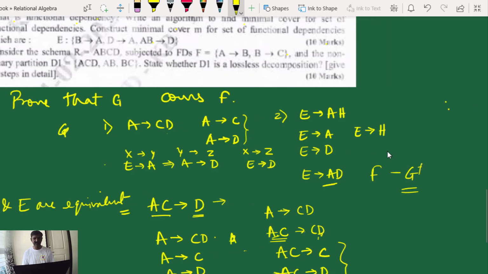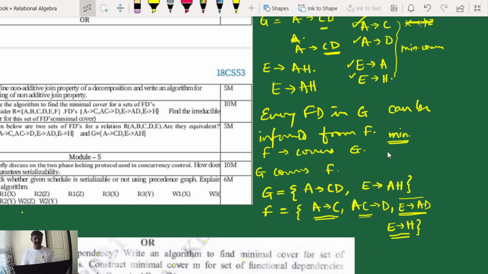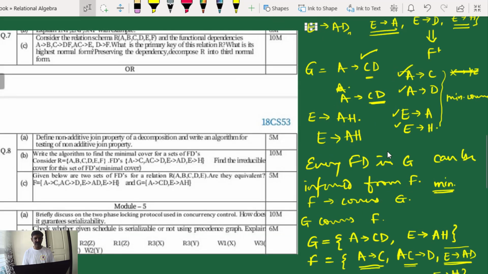All right. So let's go up and see what all problems we have for our further discussion. So this is the first part of my video where I showed you what are inference rules, that is IR1 to IR6. Okay, we have augmentation rule, we have additive rule, we have decomposition rule, we have pseudo transitive rule and transitive rule.